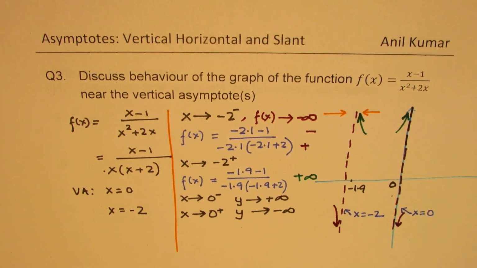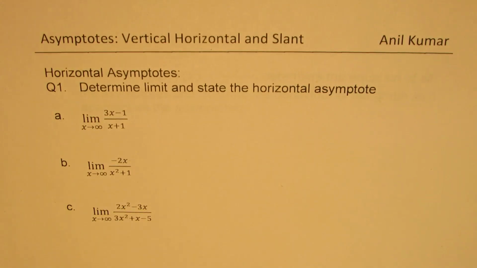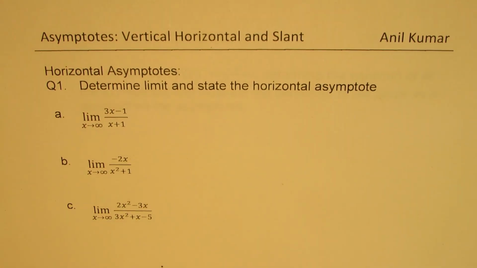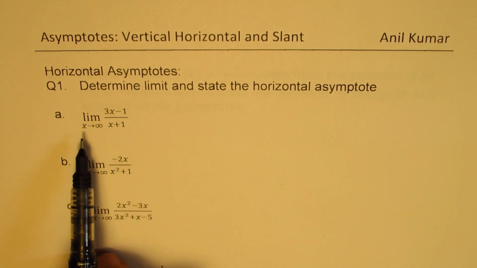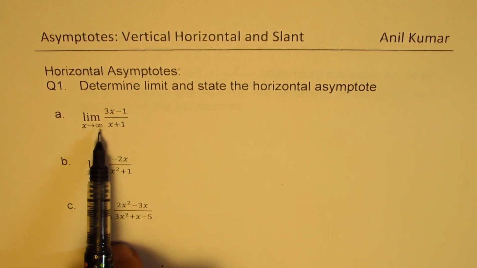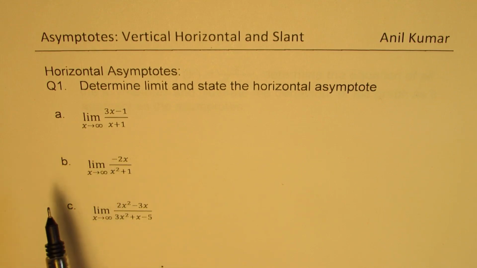Perfect. Let's move on and now consider the horizontal asymptotes. I hope the concept about the vertical asymptote is absolutely clear. Now let us consider when we have horizontal asymptotes and what their value will be. In a horizontal asymptote, we are always checking what happens when x is approaching a large positive or negative value, correct?